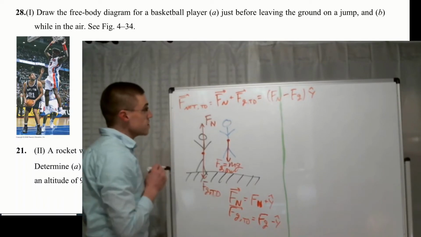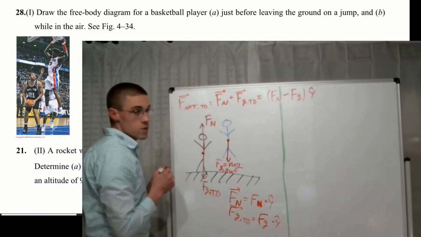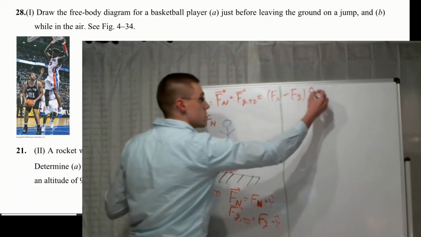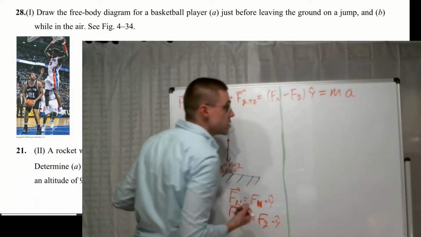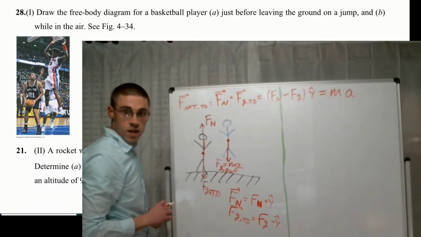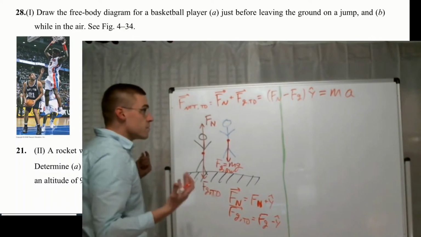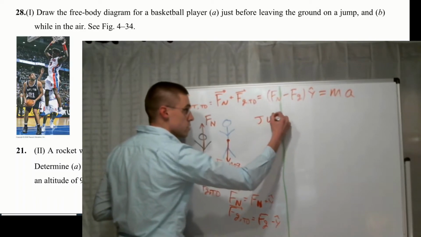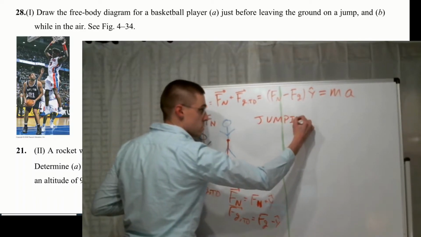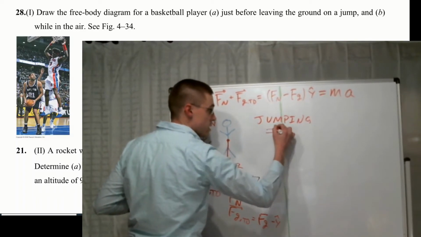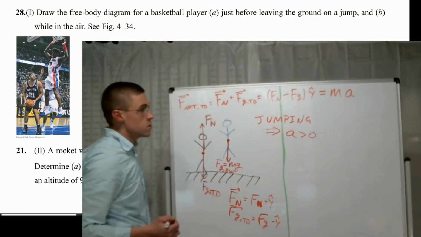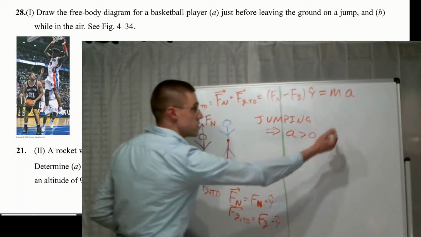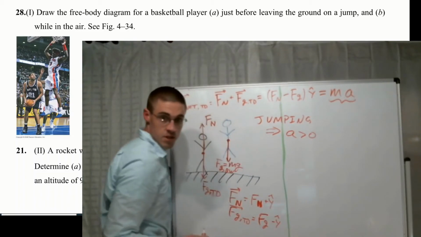And since this is a net force, I can set this equal to his mass times his acceleration, a. So if I knew that he was jumping, that would mean that his acceleration is positive. So that would mean his mass times his acceleration is positive.